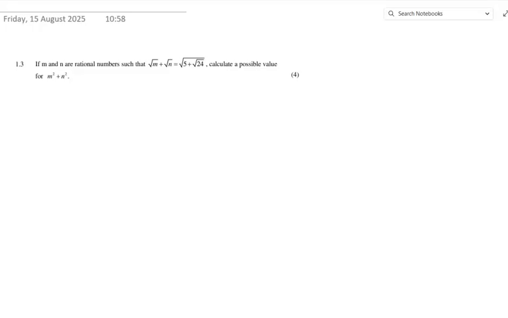Okay, the question says, if m and n are rational numbers, what does it mean by saying that a number is a rational number?